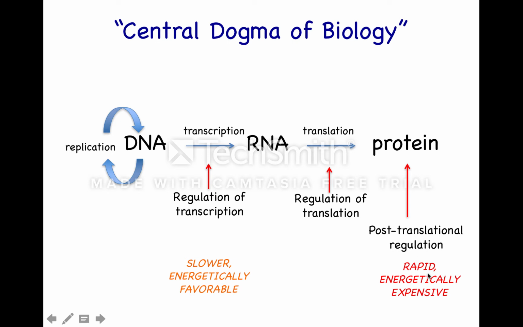So this is the fastest place that you can regulate gene expression. However, because you've gone through all of this work to get that gene transcribed and translated, this is energetically expensive. It wastes a lot of energy when you're just modifying the protein.